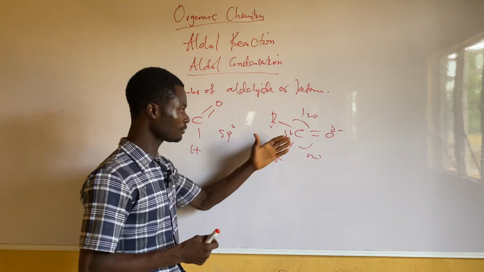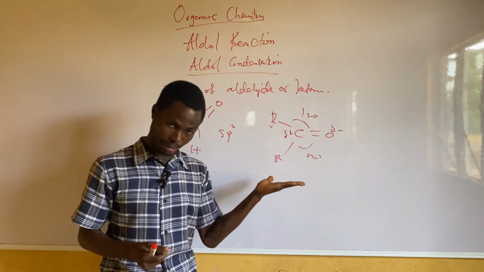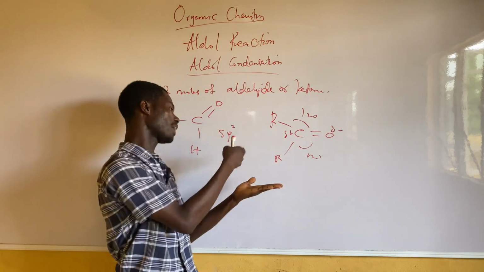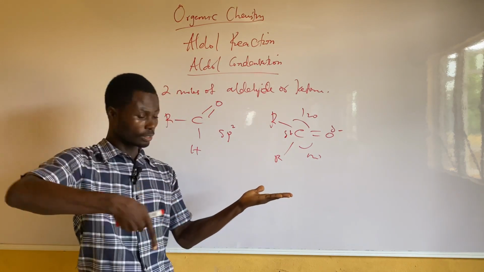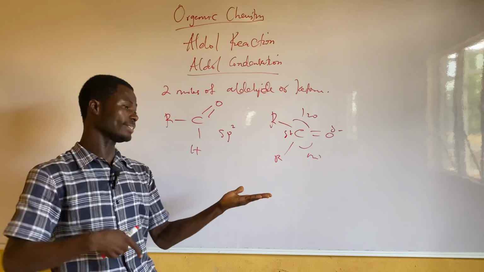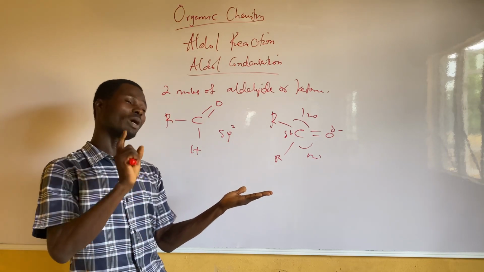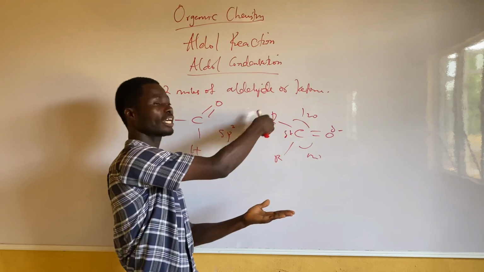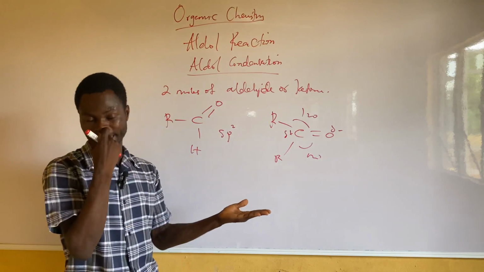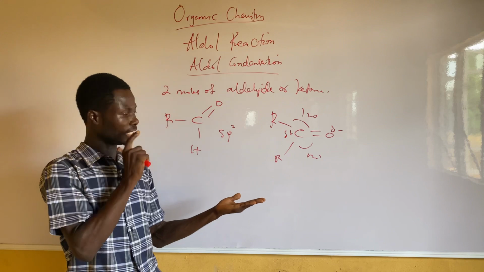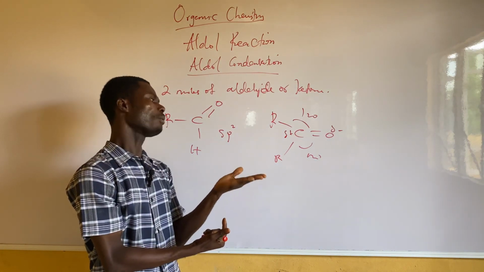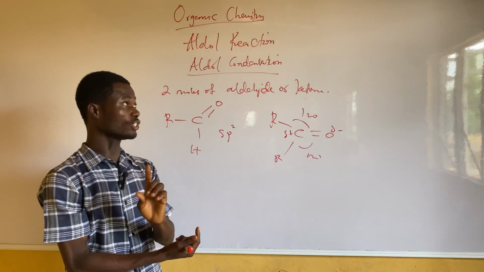Are you getting my point now? Just view this molecule as my palm like this, with your R and R groups pointing in this direction. So when a nucleophile is coming, of course, it will not approach along the substituents, as the case may be. It's either coming above or below the plane. Is that okay? But of course, that is not the most important thing today.